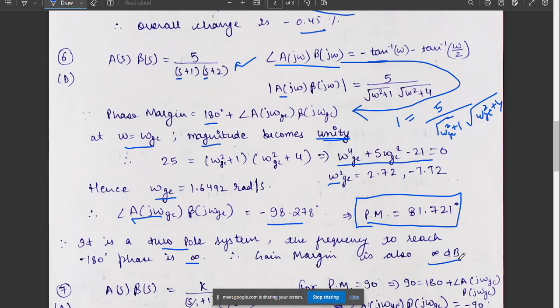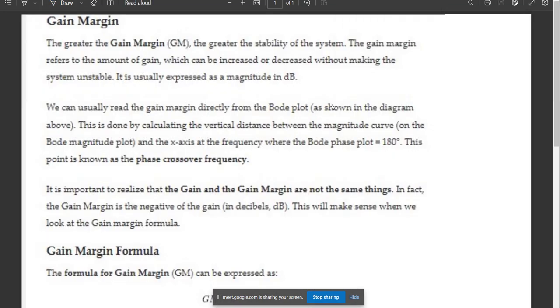Now you have to understand what phase margin and gain margin mean. So I will teach you what phase margin and gain margin mean. The greater the gain margin, the greater will be the stability of the system.